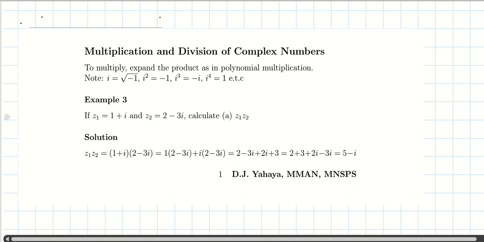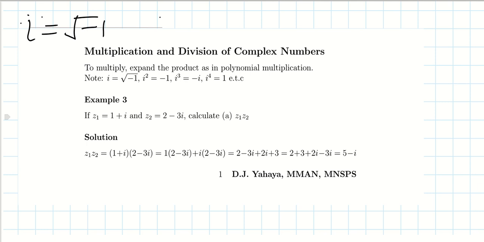Welcome back. In this class, we'll be talking about multiplication and division of complex numbers. We recall that i is equal to the square root of what? Minus 1. And in multiplying complex numbers, we will encounter the multiplication of the imaginary unit.